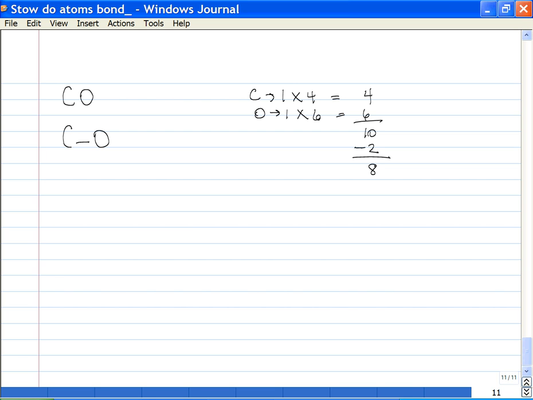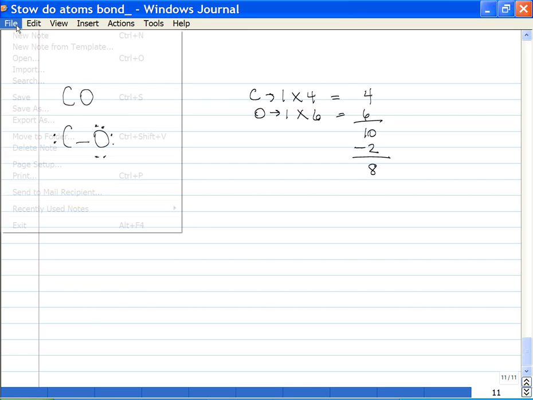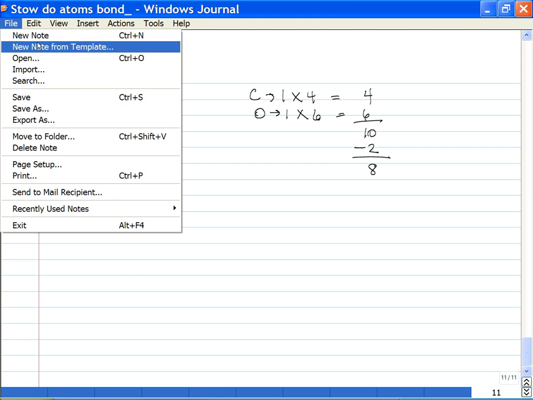We start putting electrons around the terminal atoms, and we put them around the most electronegative atom first. Oxygen is further to the right on the periodic table, so it's more electronegative than carbon. So we're going to start putting electrons first on oxygen. We can put 6 there, and that gives us 2 more to put on the carbon.